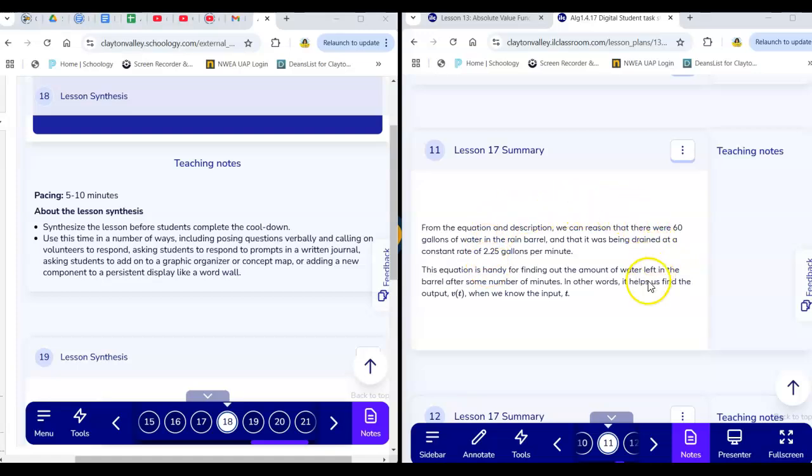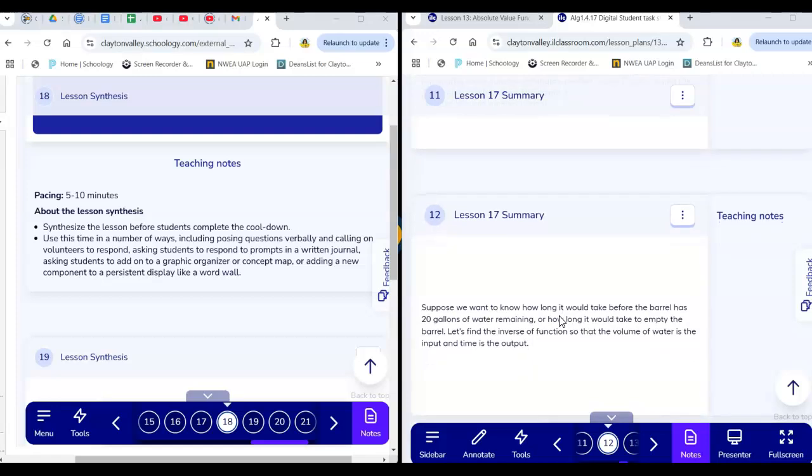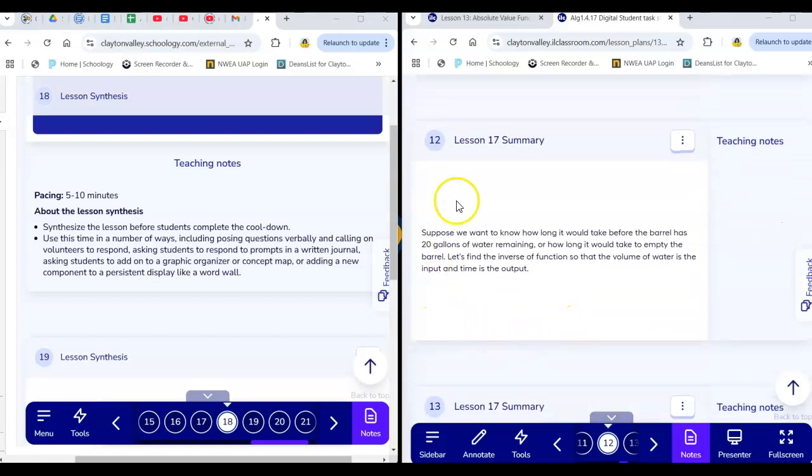And they ask you to describe it. And then they tell you that you could find the inverse of that function by solving for the other variable. And that would give you another equation that you could quickly use to answer the other question.